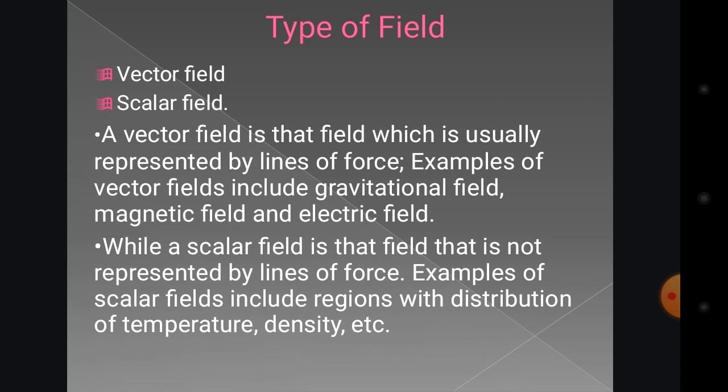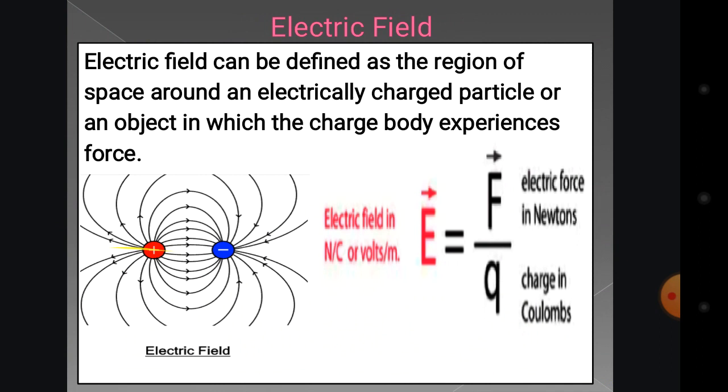So when we say a vector field, it is that field which is usually represented by line of force. A line of force is like a mark or a line of that force. Let me show you the line of force, like this one.